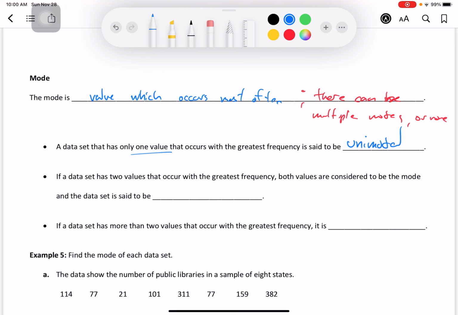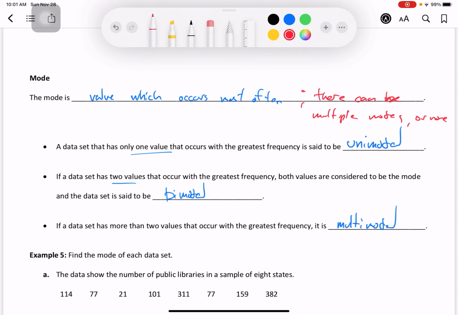If it has two, then we call it bimodal. The prefix bi means two, like a bicycle has two wheels. If the data set has more than two values that occur at the greatest frequency, we simply call it multimodal. And I should say that they don't have to be exact.